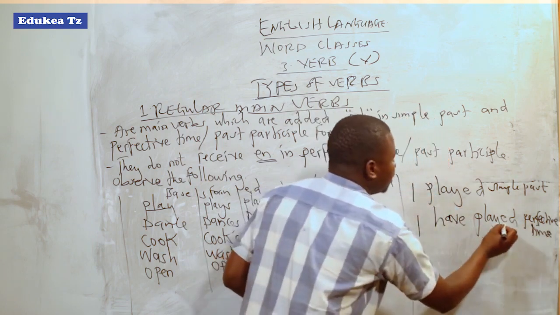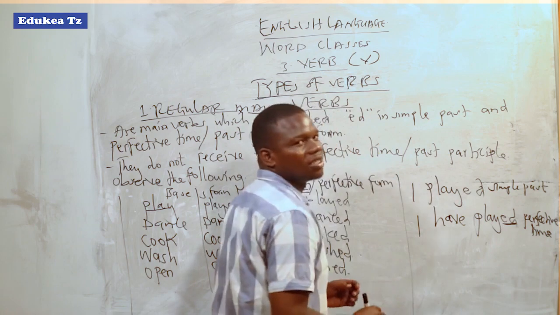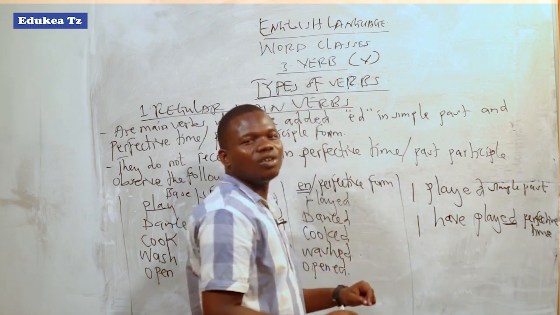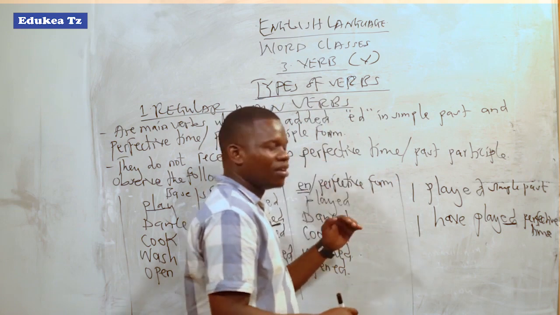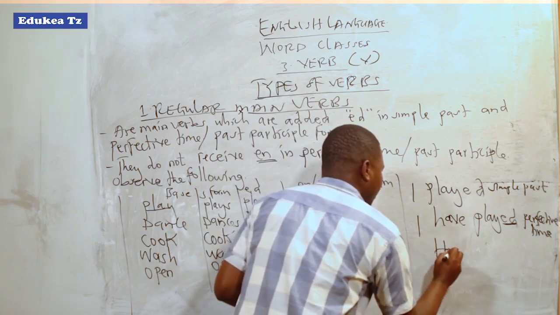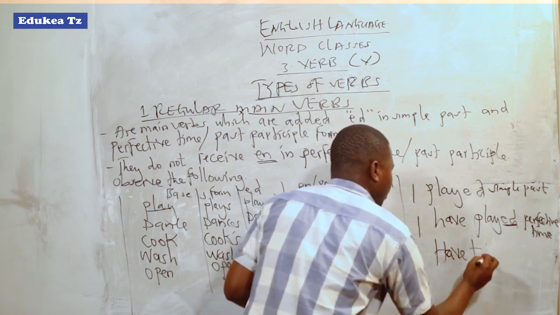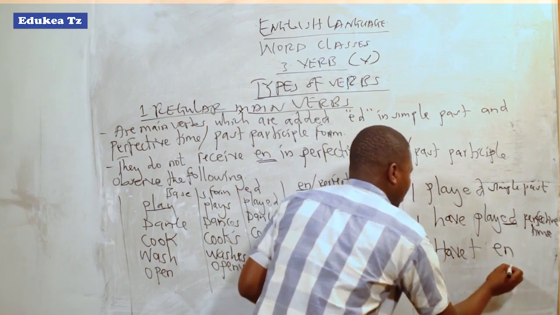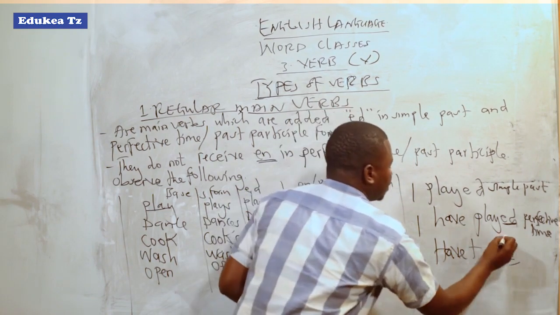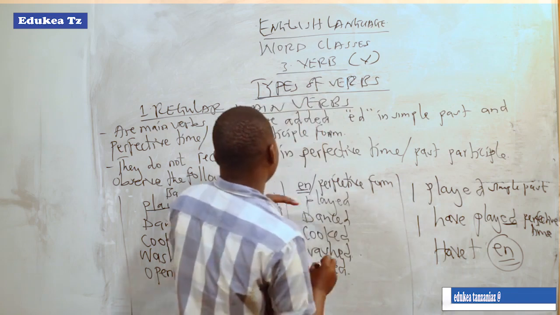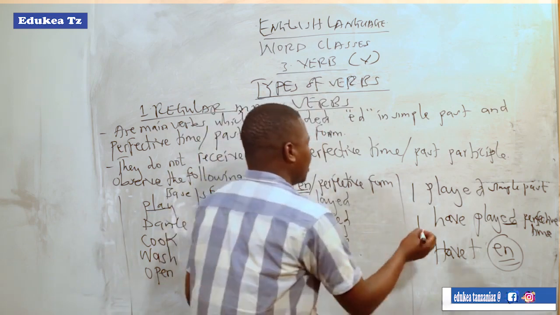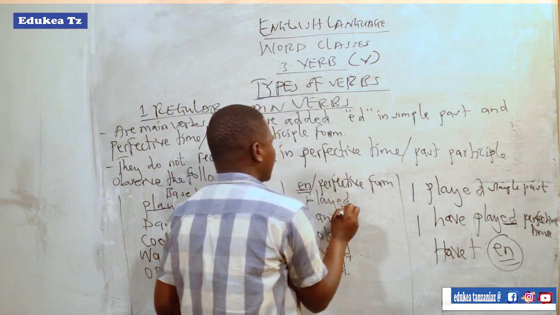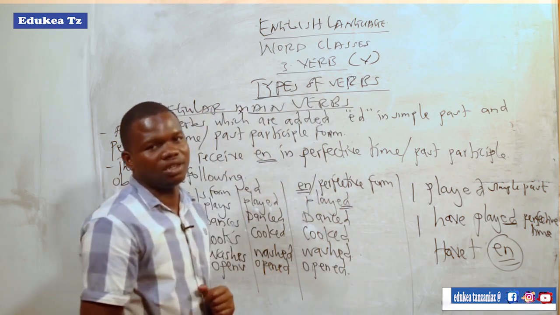So this ed is the en form. That's why we say the formula of perfective time is have plus en. But in these regular main verbs, the en remains ed, or we add the same ed.